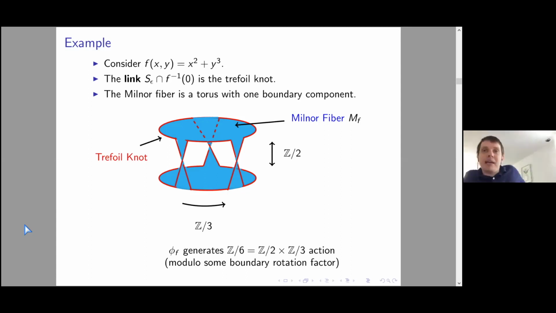To understand this picture, you take a smooth fiber of F and you project to the y coordinate, and that gives you a double cover. That double cover has three branch points, three critical points, and that corresponds to these three crosses here.